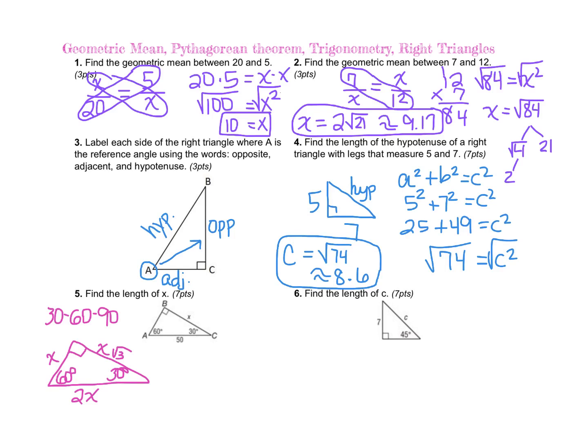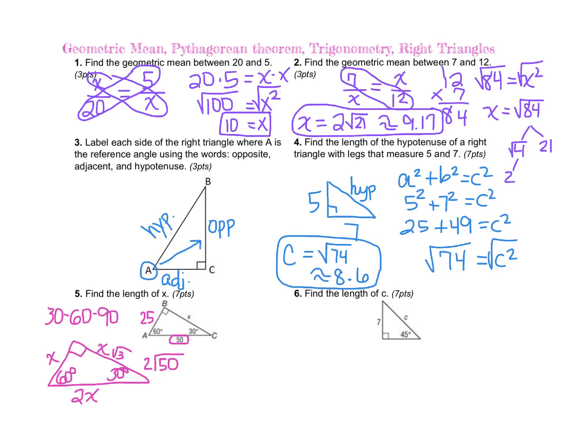So if I know that I have a hypotenuse of 50, I could divide by 2. Since I know I'm multiplying by 2, I could divide by 2 to undo that multiplication to get 25. So 25 would be the side that's opposite from the 30-degree angle.